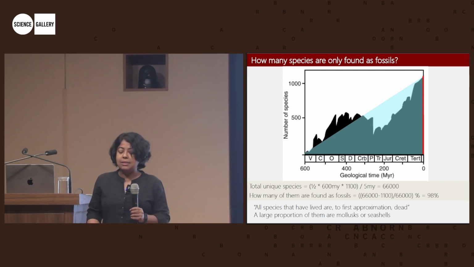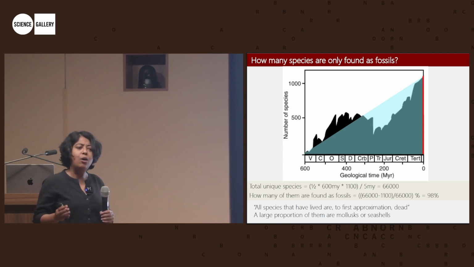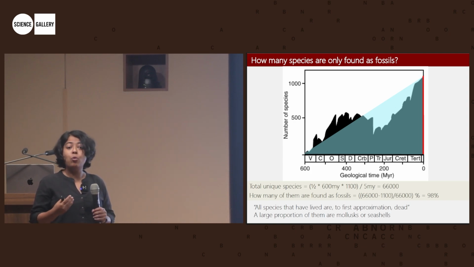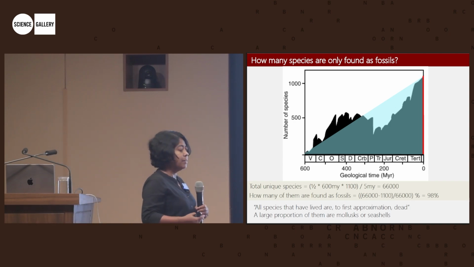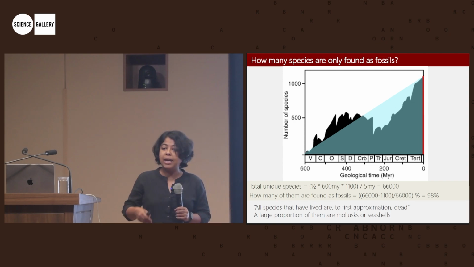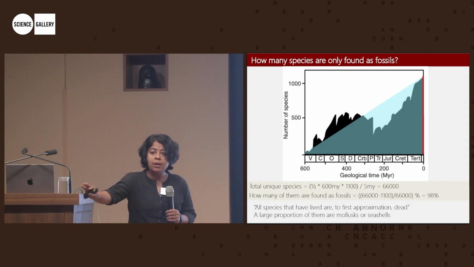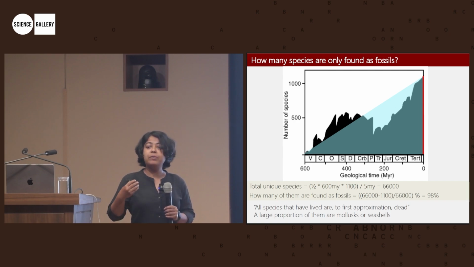Now let's ask this question, that exactly how many are there, or more importantly, how many were there, because that's the only way we can compare the number of species that we see today with all the number of species that have ever lived on the earth, which are represented by fossils. Okay?